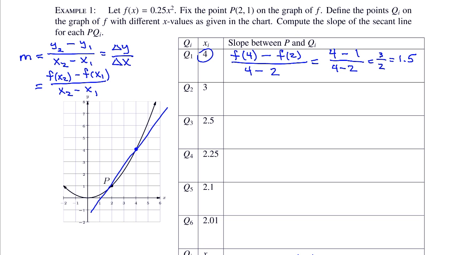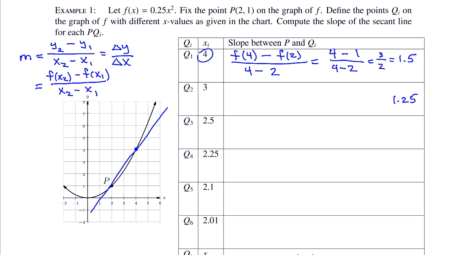So you should end up with 1.25 for Q3. Now you can either use the calculator to do this, or you can do it by hand. If you're doing it by hand, then what would you have? Right. You would have f of 3 minus f of 2 divided by 3 minus 2, because you're finding the slope.